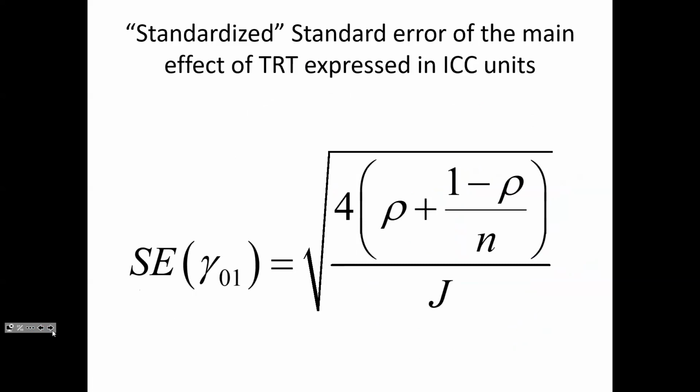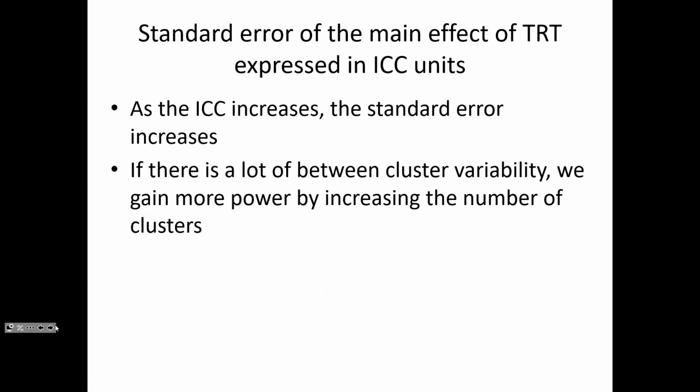What you see here is that as the ICC gets bigger, the standard error gets bigger, holding everything else constant. Bigger ICCs give you bigger standard errors, which makes sense, because the bigger the ICC, the less independent information each person is actually contributing to the study.